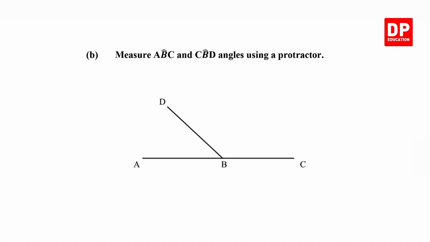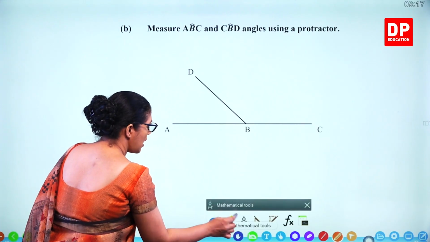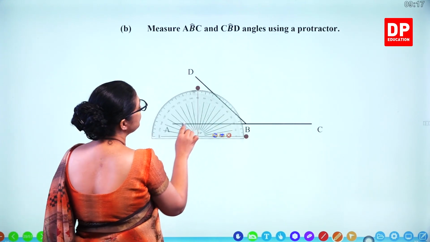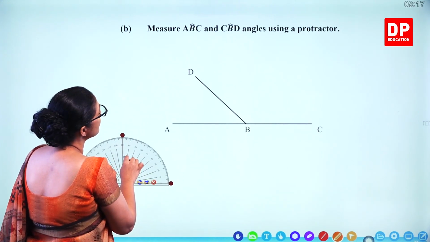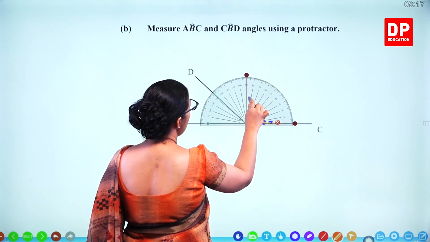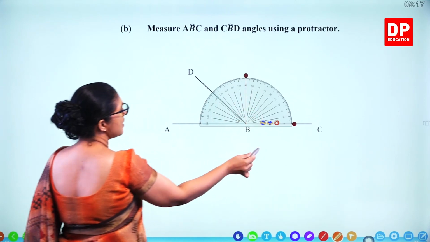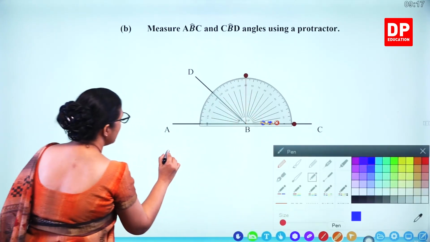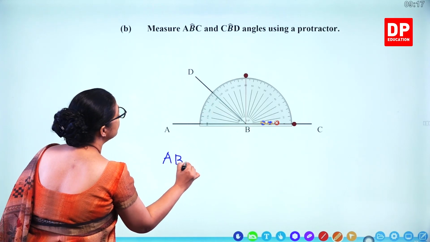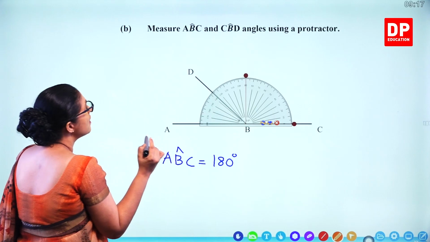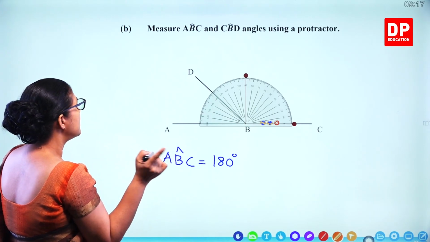Measure ABC and CBD angles using a protractor. So we have to take the protractor. ABC. ABC angle is a straight line. What's that? 180 degrees. CBD.